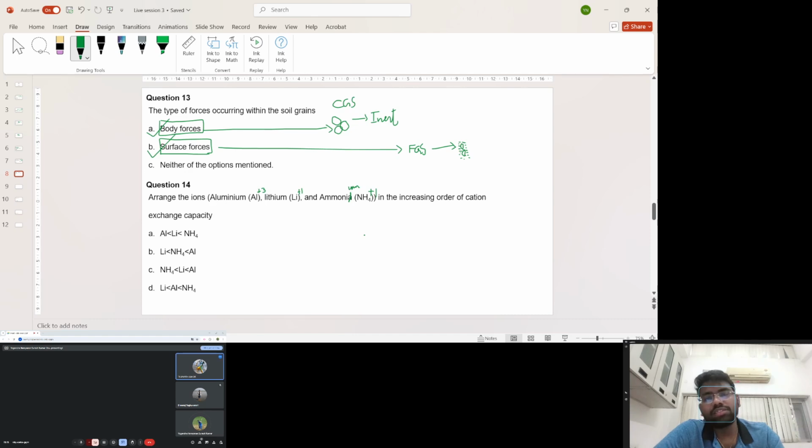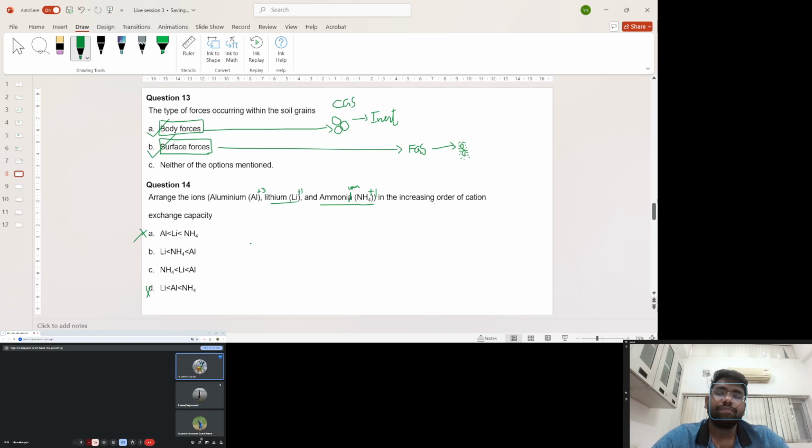So which will have the highest cation exchange capacity? Aluminum. So option A and option D are ruled out. Now how will you compare lithium and ammonium? Which will have more cation exchange capacity? Lithium, because it is not bonded with any.